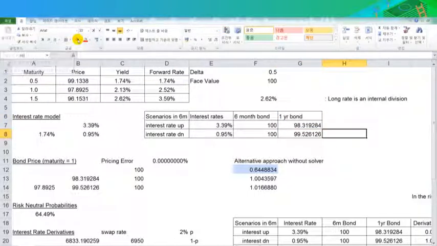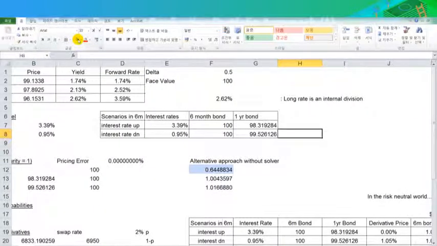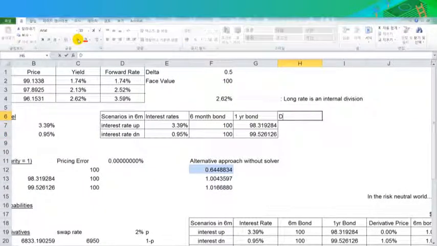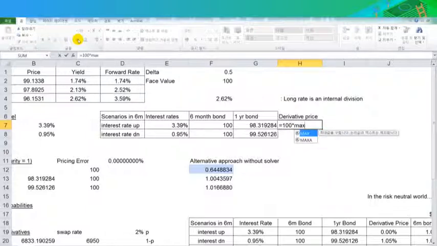And then the derivative price, we are interested in the derivative price, right? The derivative price is $100 multiplied by max of 2%, which is the exercise, minus this rate, 3.39% when interest rate is up, and 0.